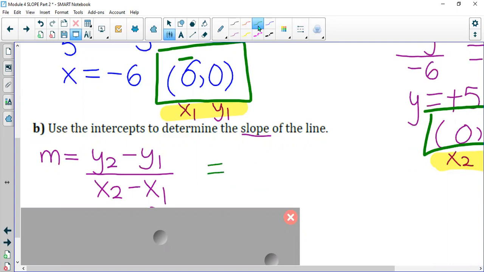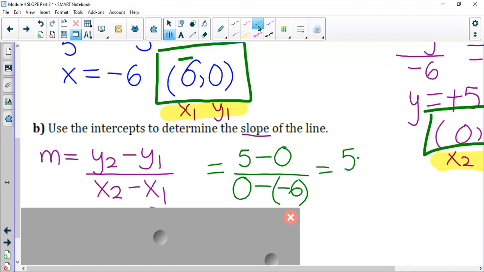So if I'm using my slope formula, my y2 is positive 5. My y1 is 0. And then I have my x2 is 0. My x1, so I have to remember it's 0 minus negative 6. So when I do that, 5 minus 0 over 0 plus 6, because a negative times a negative turns into a positive.